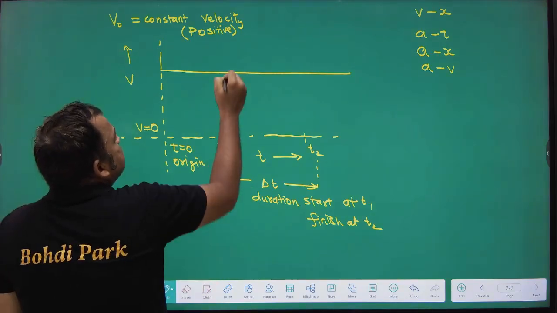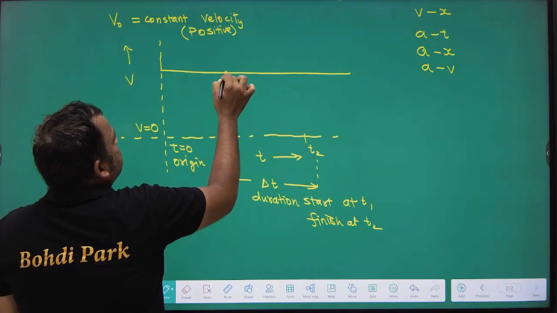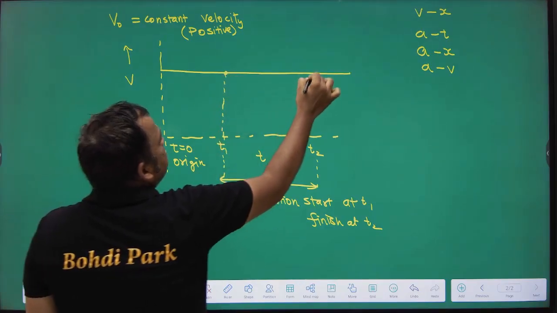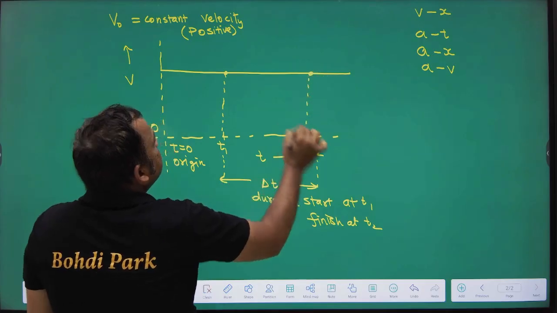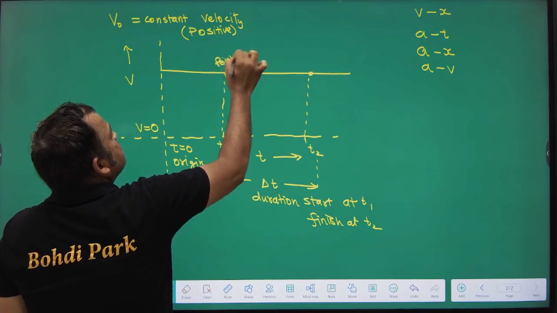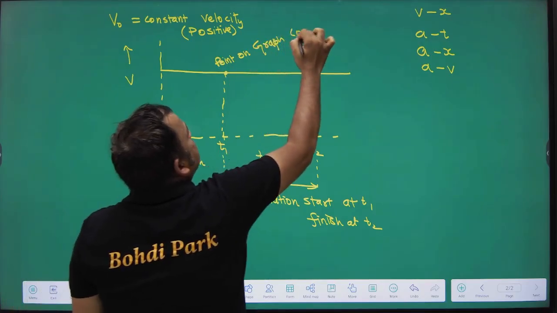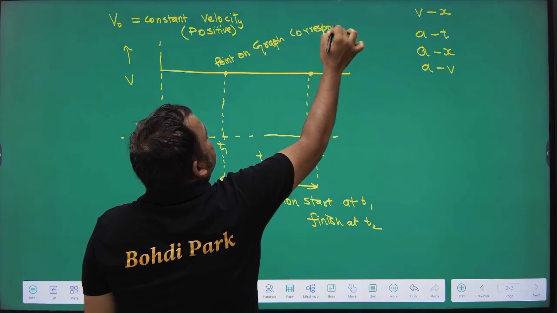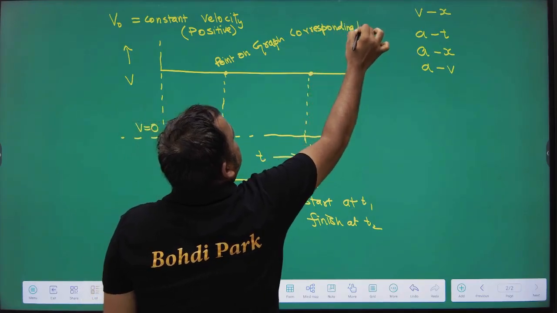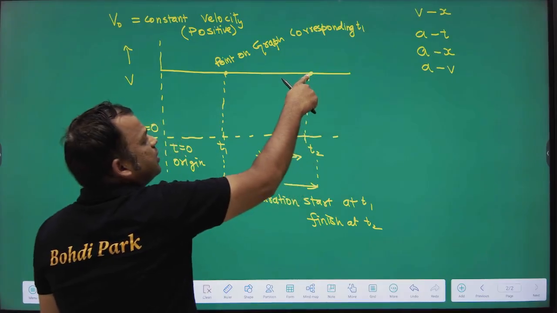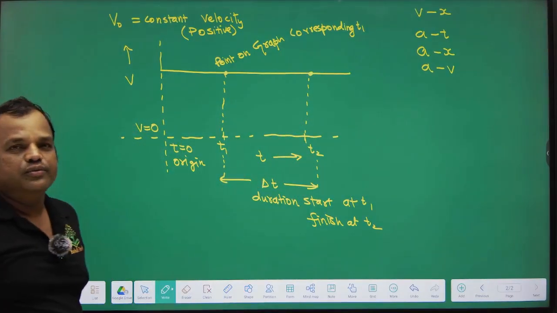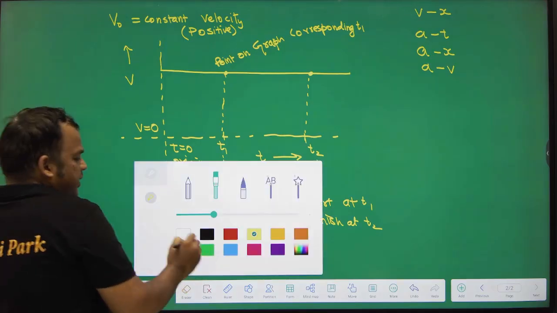If we consider the point on the graph corresponding to t1 and the point on the graph corresponding to t2, let us find this area.